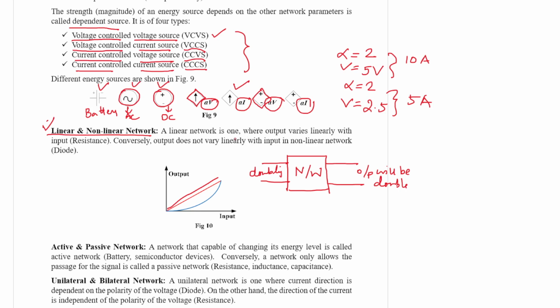So a linear network is one where output varies linearly with input. If input is multiplied 2 times, output will be doubled. If I make input 5 times, then output will be 5 times, something like that. So it is found typically in case of a resistance.